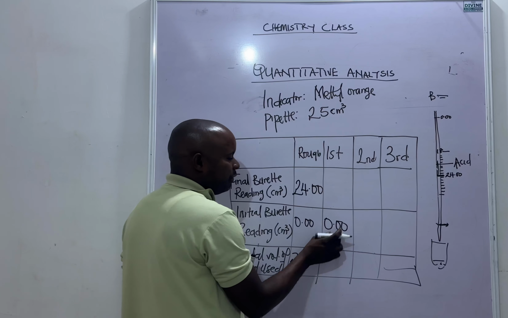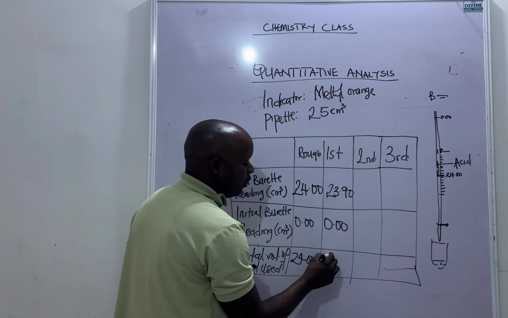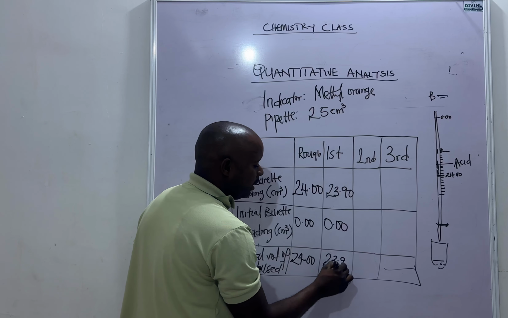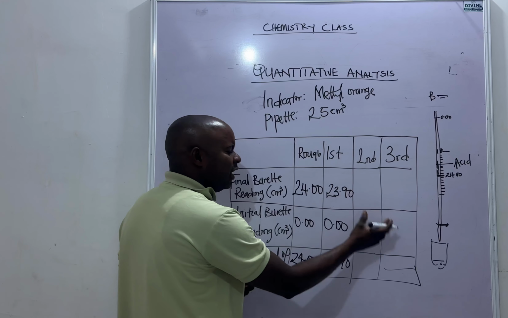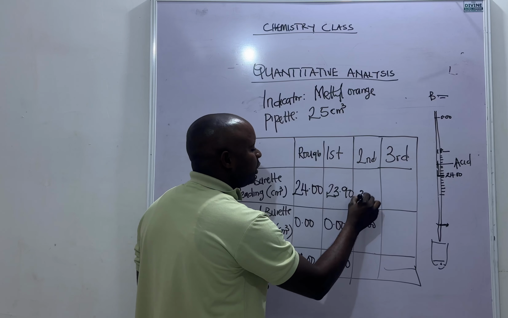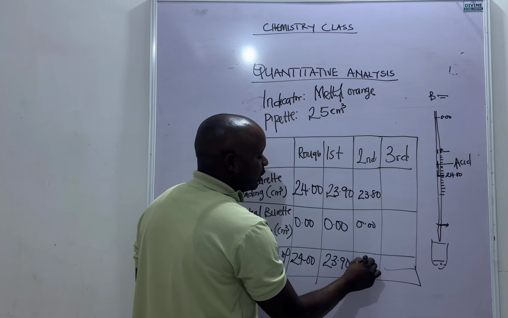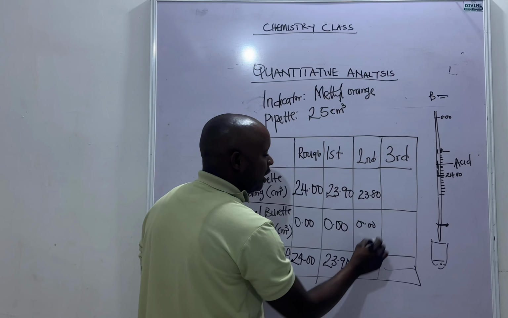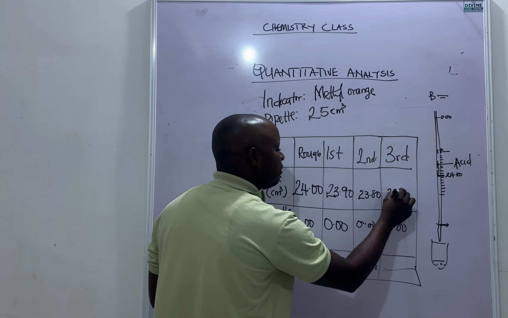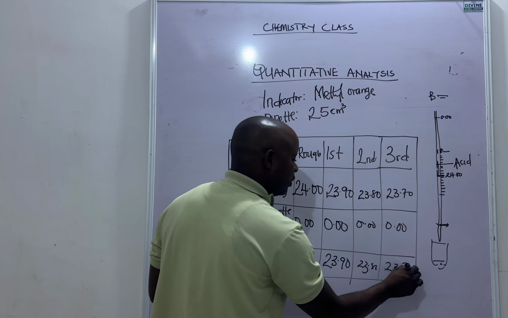So if, for instance, you refilled and you got 23.90, then 23.80, and then 23.70, for instance.